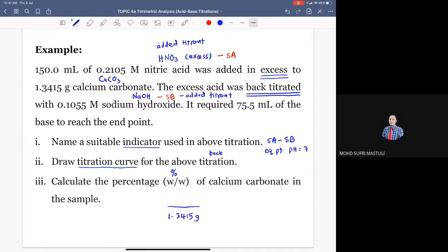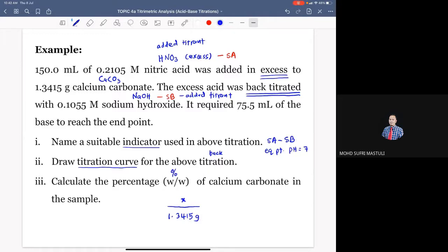So you have to calculate what is the amount of the real calcium carbonate in the sample after you perform the titration.